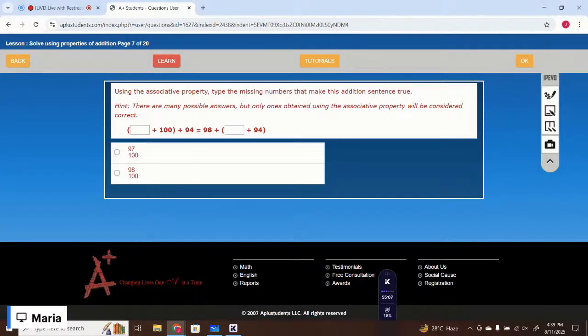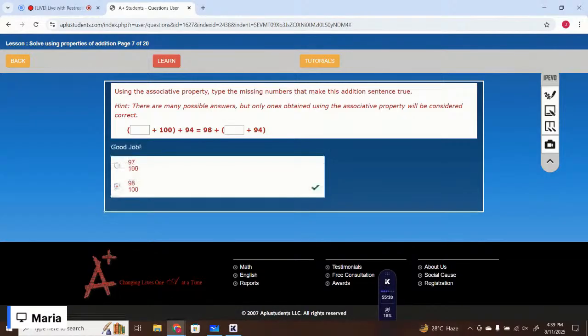Using the associative property, type the missing number that makes the addition sentence true. That is 98 and 100. Option number 2 is the correct option.